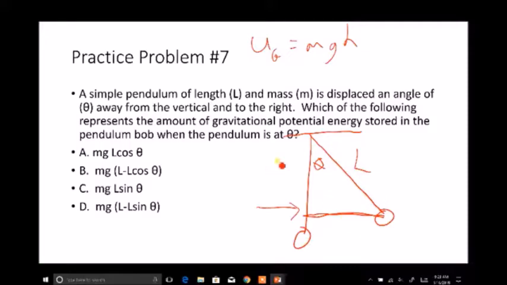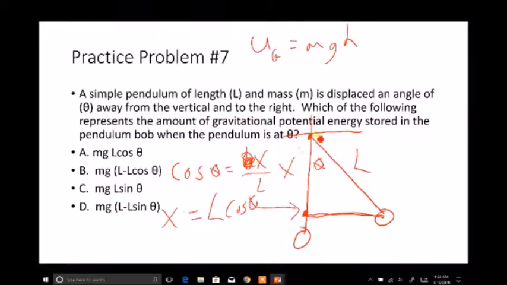We can calculate the length between here and here using cosine. So the cosine of our angle theta is equal to the adjacent side, which we're looking for, let's just call that X for right now, over the hypotenuse, L. So X is going to be equal to L cosine theta.